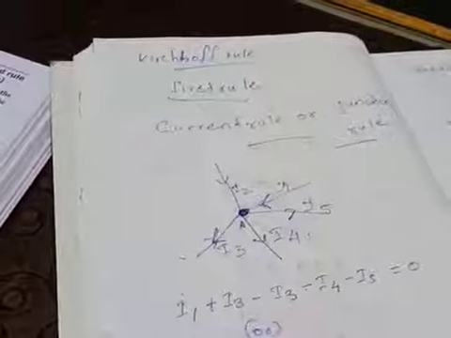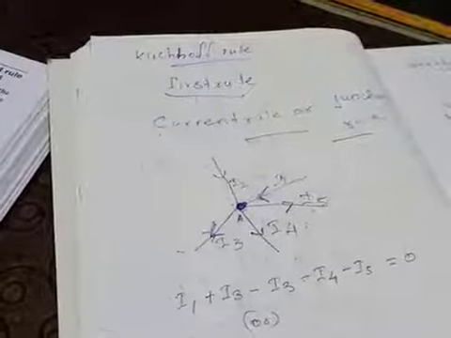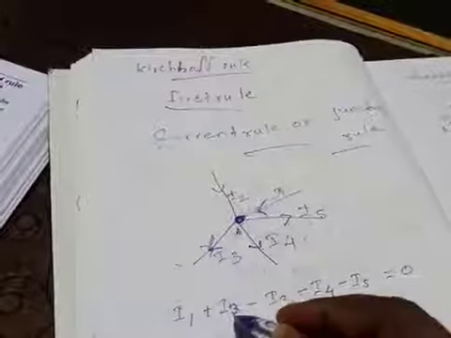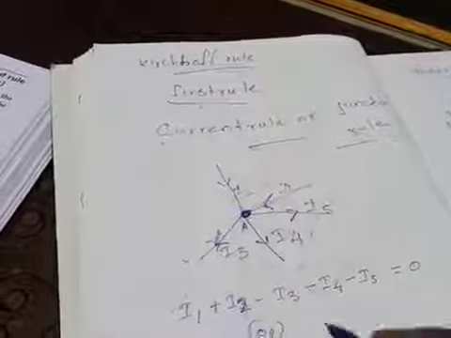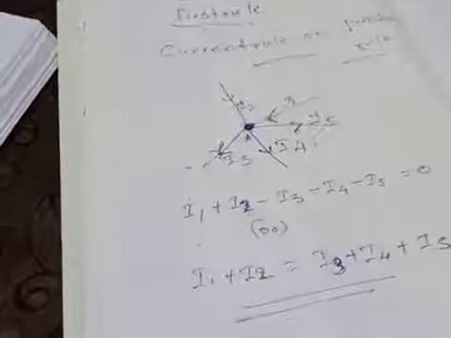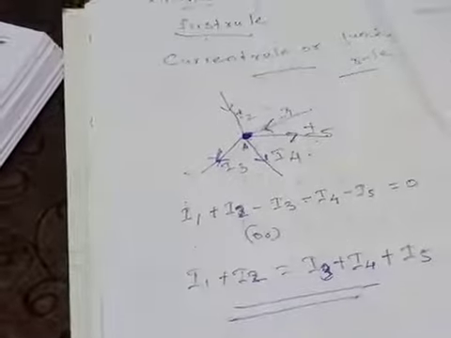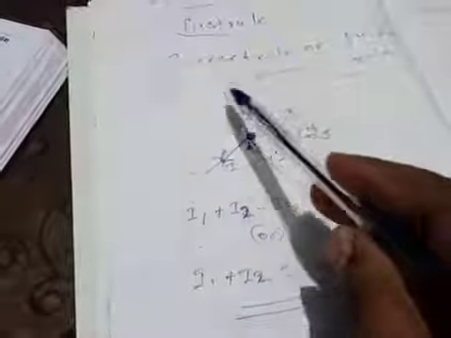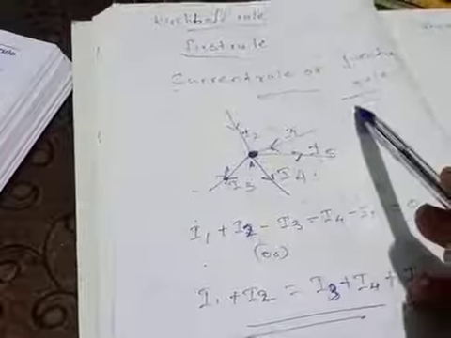You can write it another way also: I1 plus I2 equal to I3 plus I4 plus I5. This way also you can write. This is Kirchhoff's first rule, or you can call it the current rule or the junction rule.